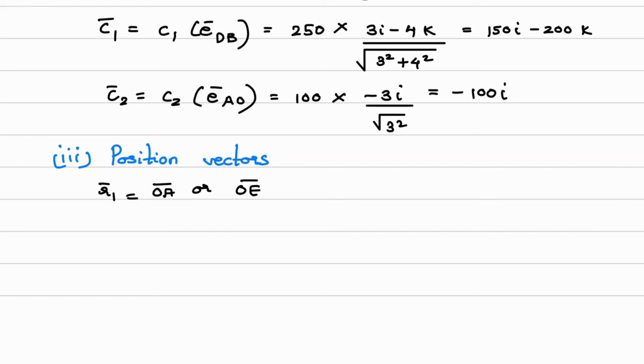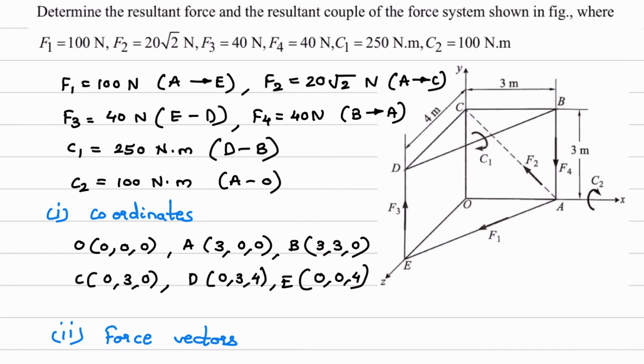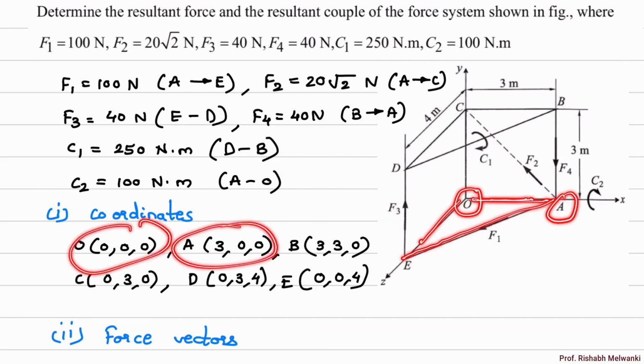You can consider anything. OA position vector will be A minus O, that will give us 3i.